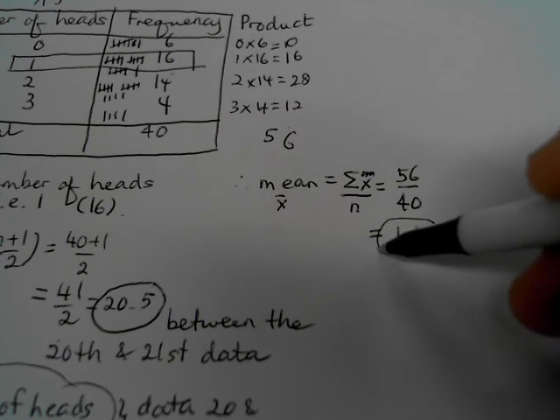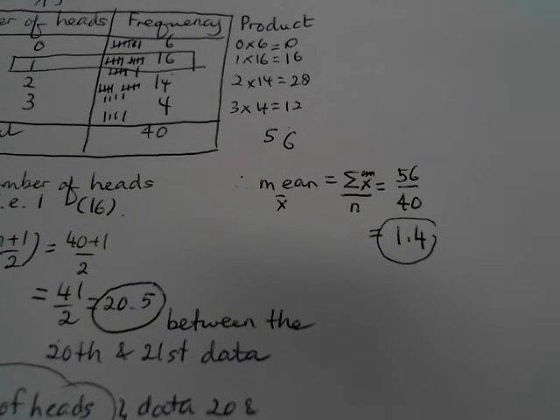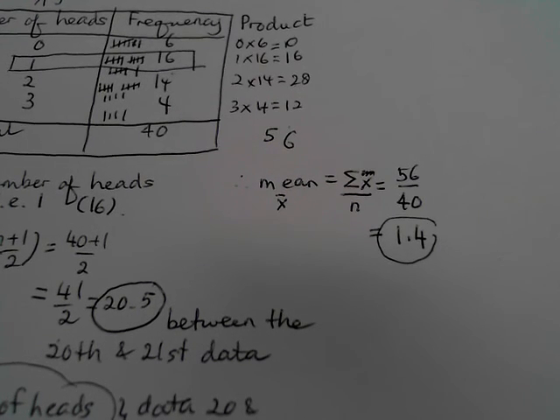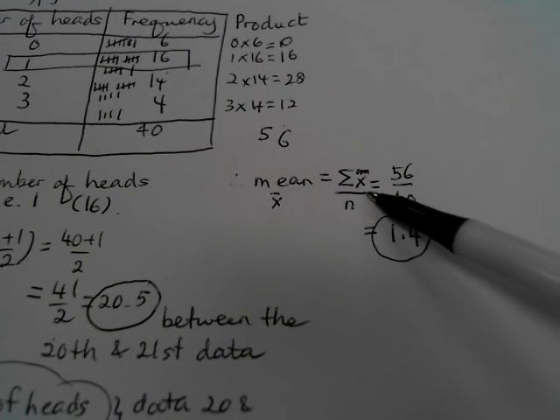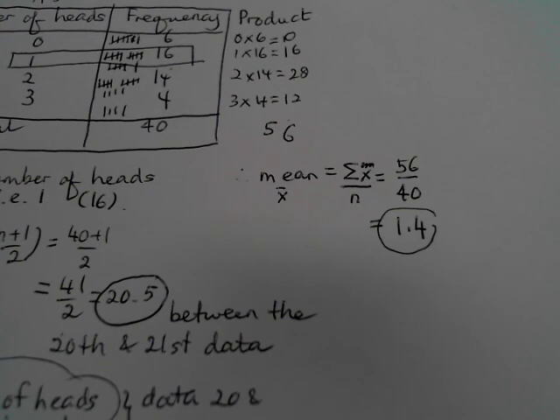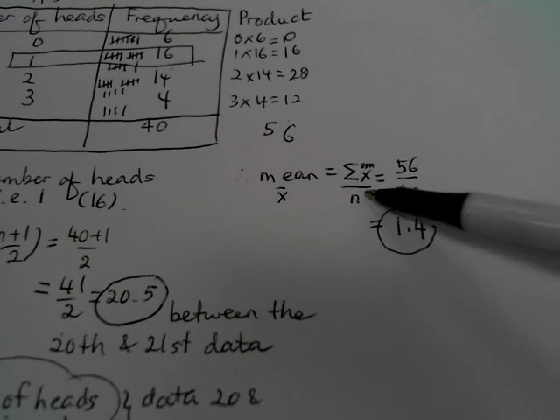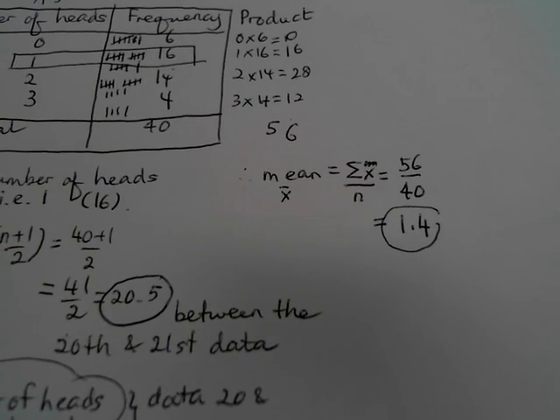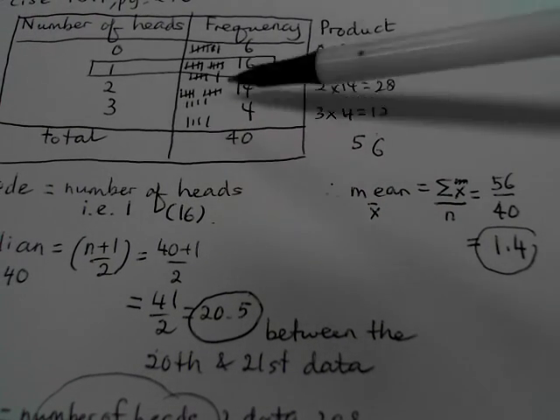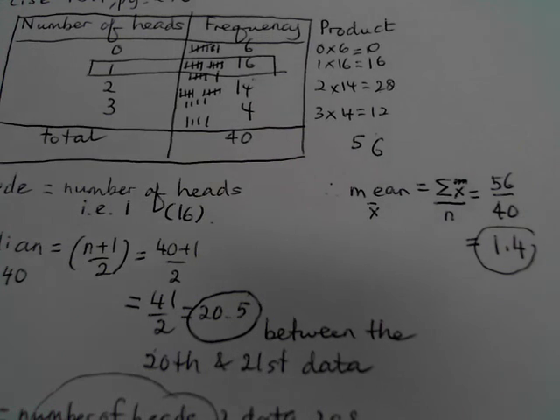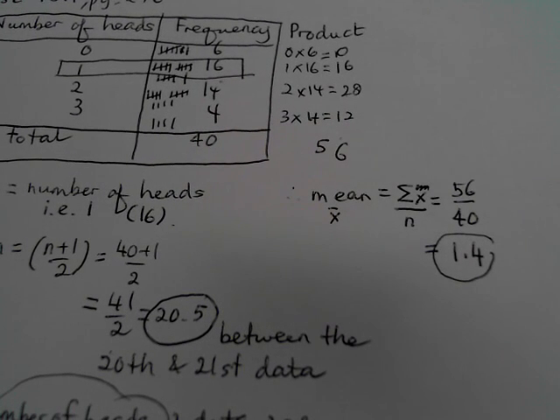So 1.4 here actually means the average number of hits per toss. Does it make sense to most of you? Okay, so that's how you do it when you're given a table like this. You multiply the product, total it, use this formula, the sum of the products divided by n, which is 40, and then you get 1.4. So the average number of hits is 1.4 each. That's a rough estimation.